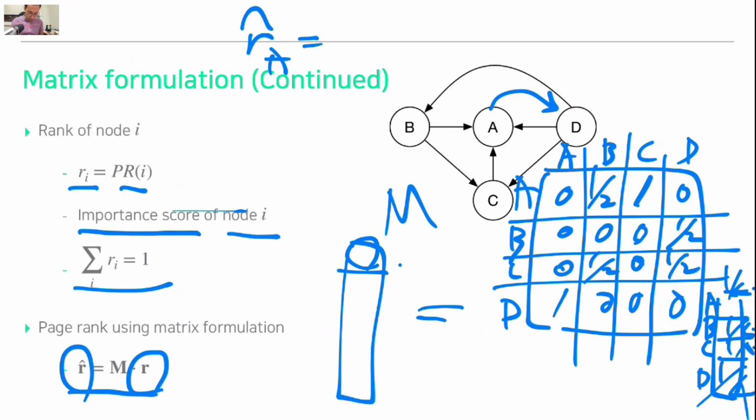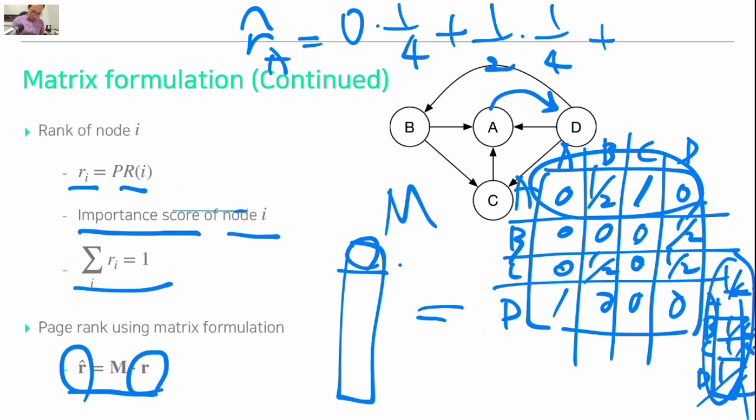We consider this and this, right? 0 plus, plus 1, right? Is that the same as you expected?